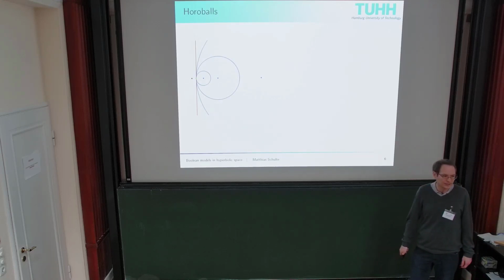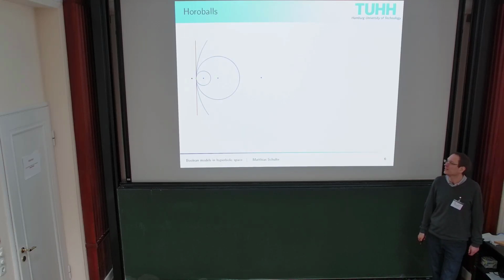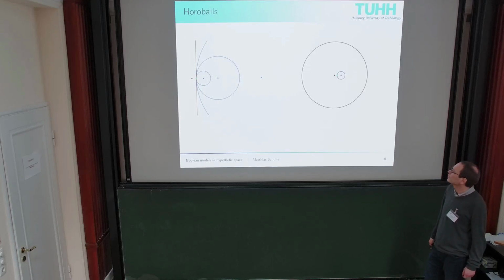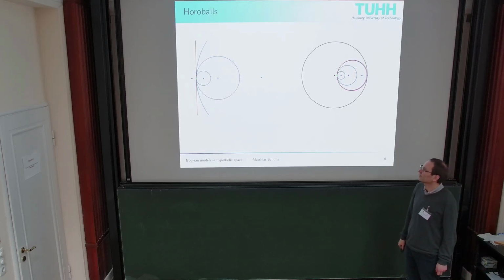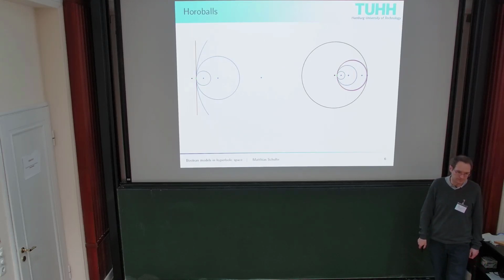Okay, now let us try to do the same in hyperbolic space. So we start here with the same situation, and then we move the center further away from the origin to the right, and we go on with this, and then again we get some limiting object, and this limiting object is called a horoball.